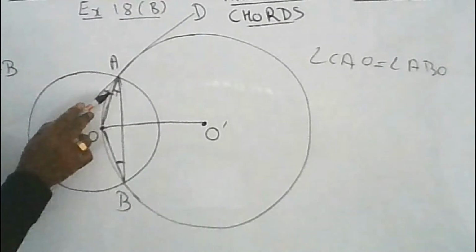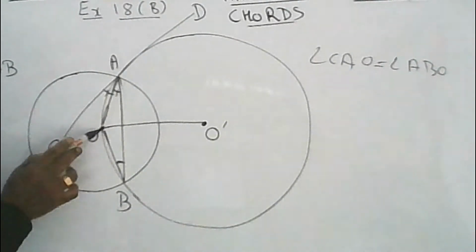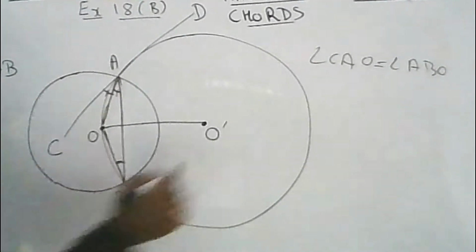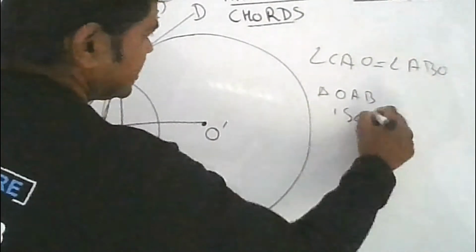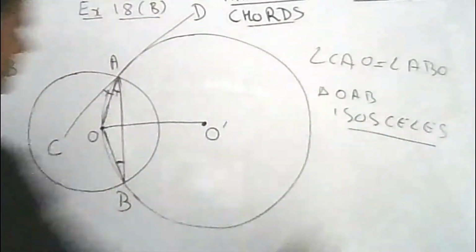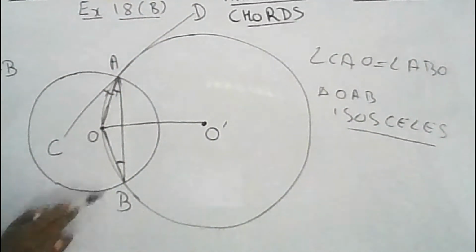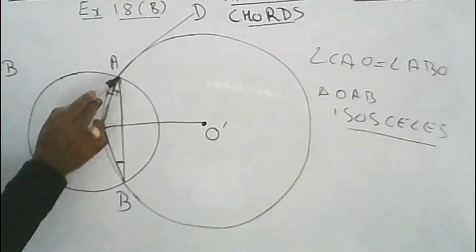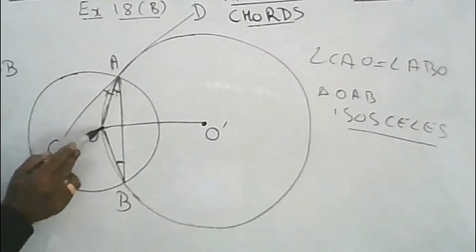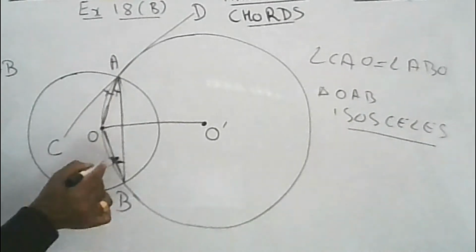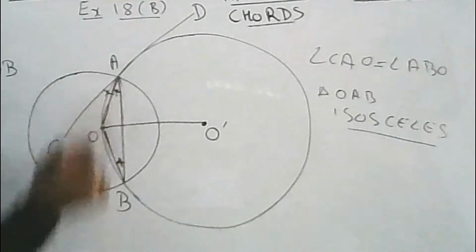If OB is equal to OA, it means that triangle OAB will be an isosceles triangle. If it is isosceles, it means that the angle ABO, this angle, will be equal to angle OAB. So these two angles will be equal.